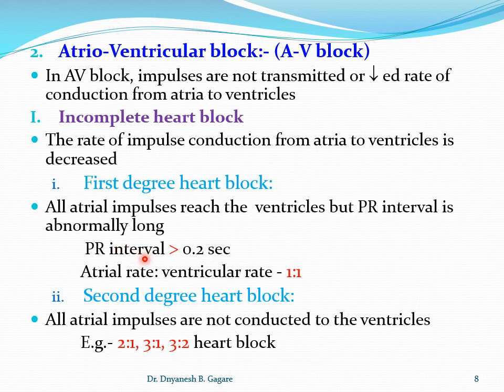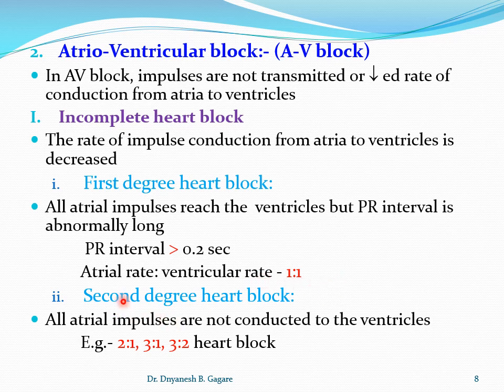It is the interval from the beginning of the P wave to the beginning of the R wave, and due to the increase in conduction time, there is an increase in PR interval. So from ECG reading or interpretation, you can easily make out whether the PR interval is increased or not. If it is above 0.2, then it is called first degree heart block. Here the atrial and ventricular rate is 1:1.